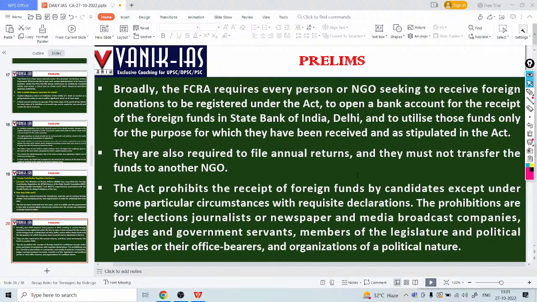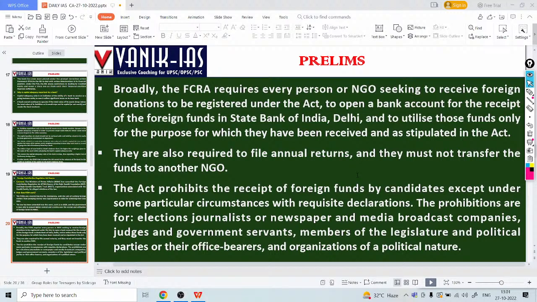And they must not transfer the funds to another NGO. So they must file annual returns, and as per the mandate, they should not hand over the funds they receive from foreign countries to any other organization or any other NGO.